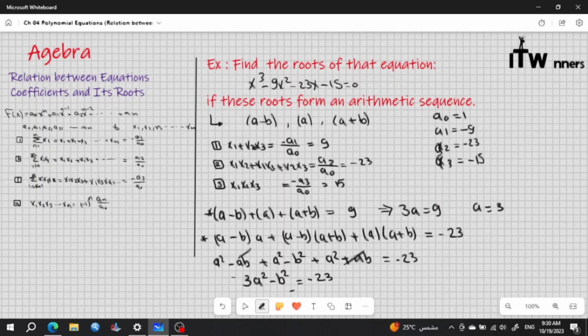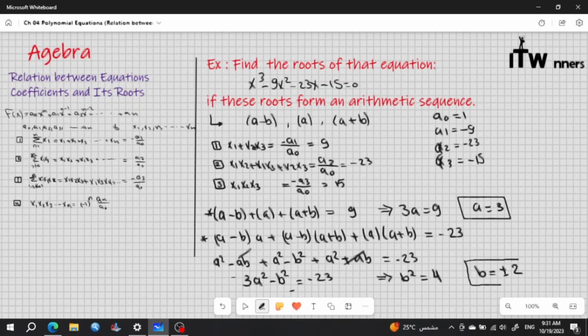Then b² equal to 4, b equal to plus or minus 2. Okay, so we have a equal to 3 and b equal to plus or minus 2.